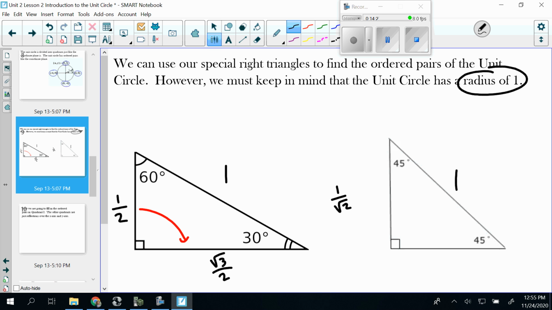If we rationalize that by multiplying by square root of 2 over square root of 2, this side comes out to be square root 2 over square root 4, which is 2. So you get square root 2 over 2. And remember, 45, 45, 90 is isosceles, so this side would also be square root 2 over 2. So that's the lengths if the hypotenuse is 1.